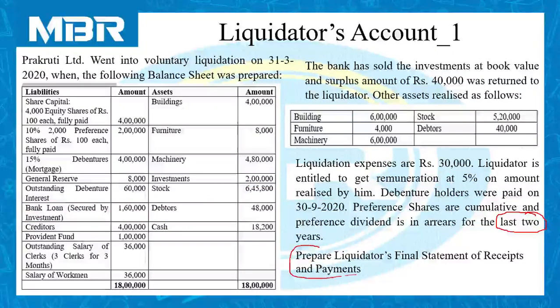And at the end of the question, it is clearly mentioned that we have to prepare a liquidator's final statement of receipts and payments. Now, let us move to the solution of the problem.